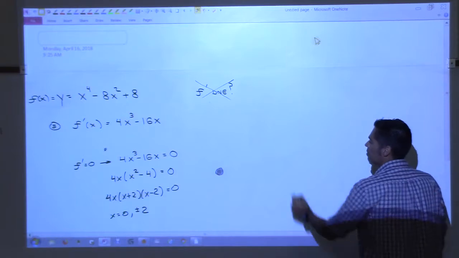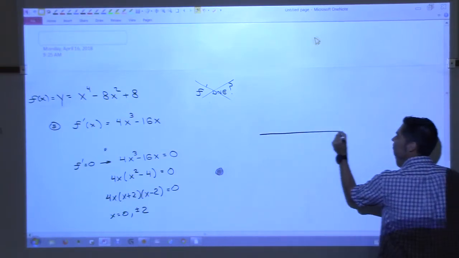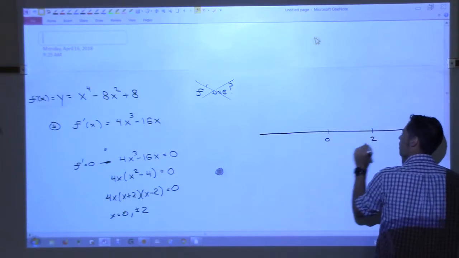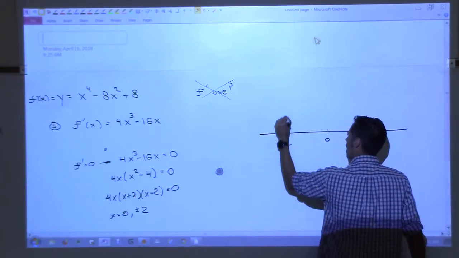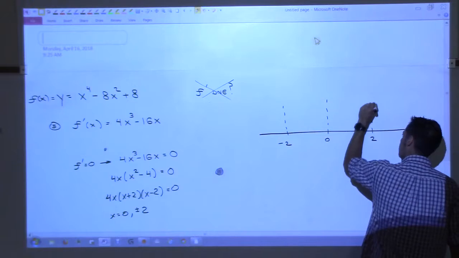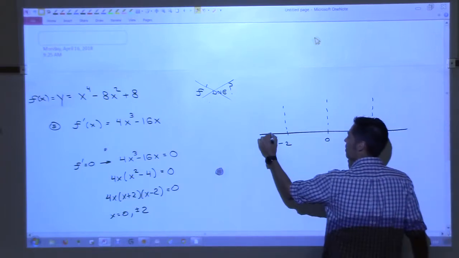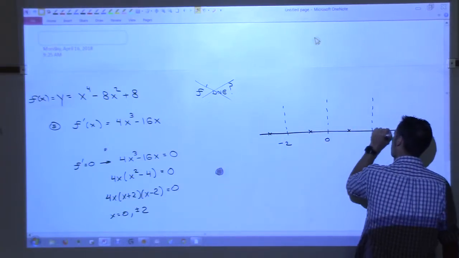So now what we do is we do our number line. We plot our critical numbers. That breaks up our number line into these pieces, and then we pick test points, right? And the test points we pick are here, here, here, here.